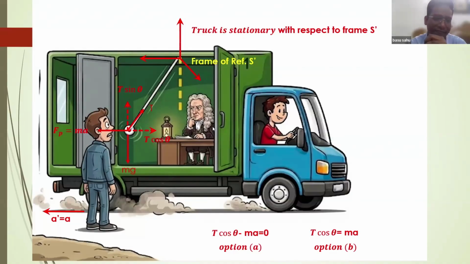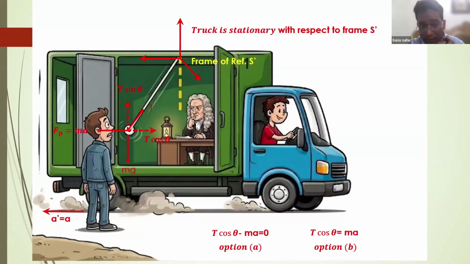Actually, what is FP equal to MA shown in the figure? Whether it is force or something else. First, understand this: whether it is force or something else. Anybody, please? Component of tension.